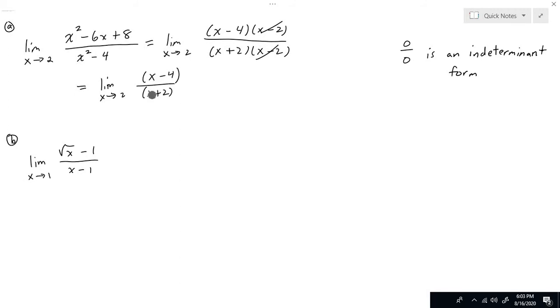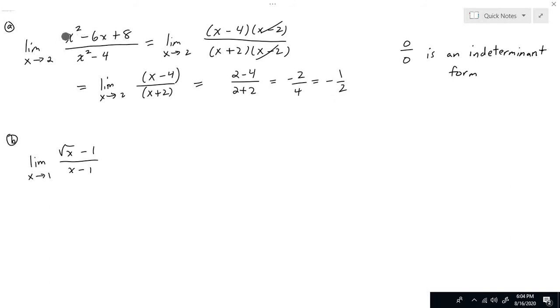But now when I try to evaluate this using direct substitution, I get -2 over +4. So -1/2.